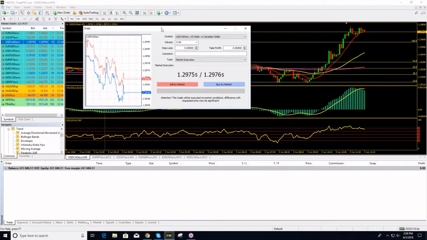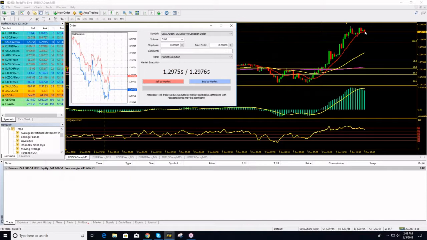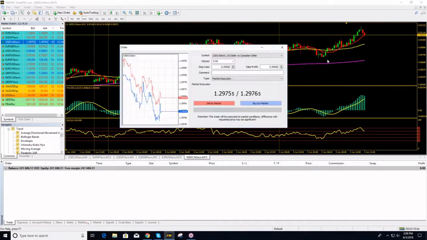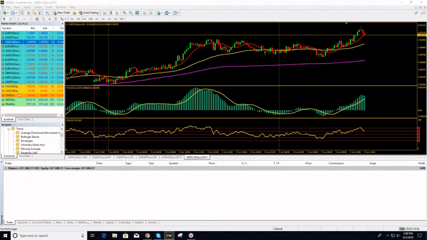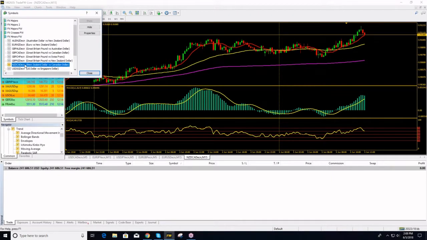Let me finish the sell trade from dollar CAD, and I will have a look at New Zealand USD. Okay, let's go, a brief look at New Zealand USD, since you have requested it. Symbols, New Zealand USD.